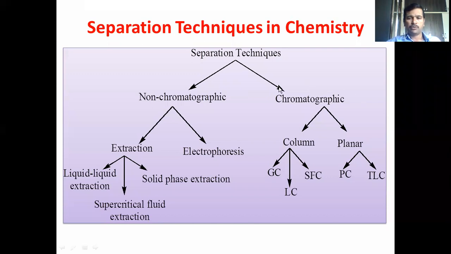Therefore, if you go to pharma industry or food processing industry or any environmental laboratories, these chromatographic techniques are widely followed. But because of the sophistication and the requirement of a highly skillful operator to operate these chromatographic instruments, we may recommend the non-chromatographic separation techniques for the separation of chemical components.